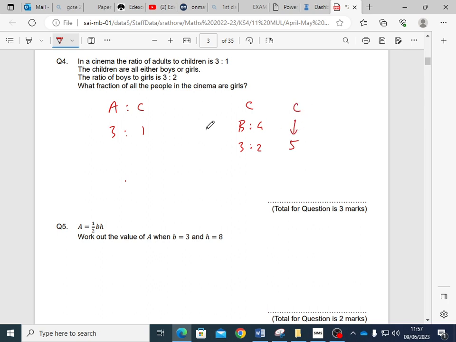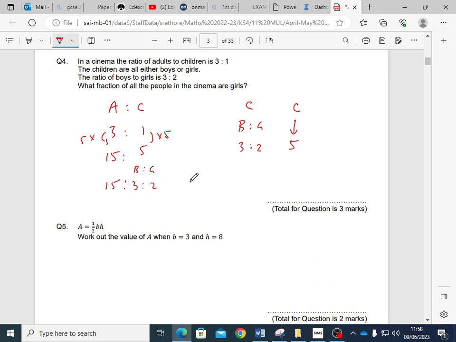So what you could do is make this into a 5, and the way to make that into a 5 is multiply that by 5. So you must do this side multiplied by 5, you get the 15. But this time, when you've got this 5 part of children, you can split that into boys and girls. So of these 5 parts, boys represent 3 parts, girls represent 2 parts, and adults represent 15 parts.